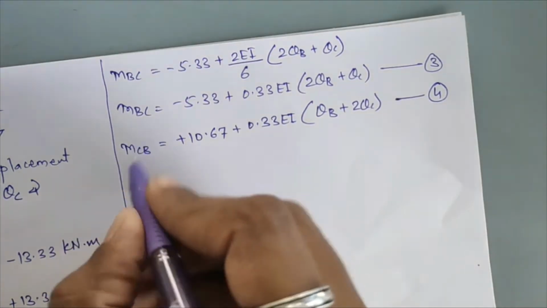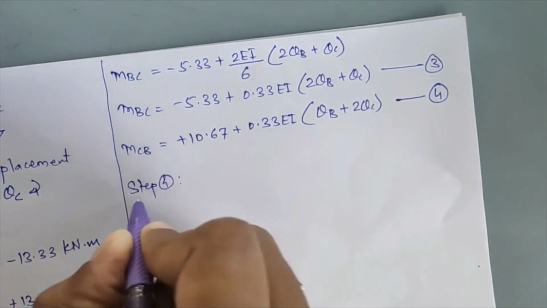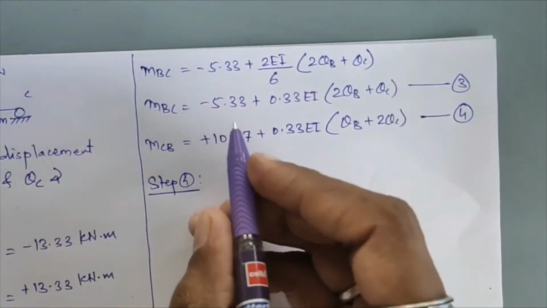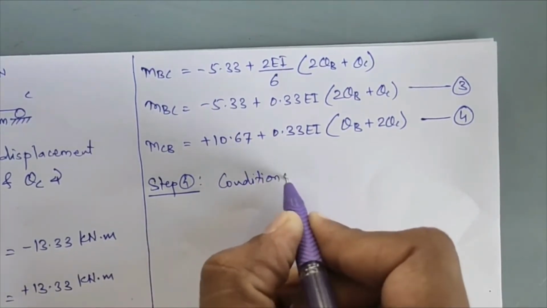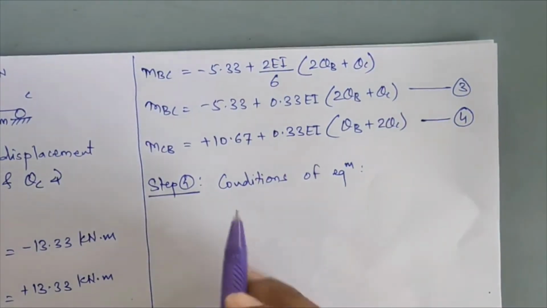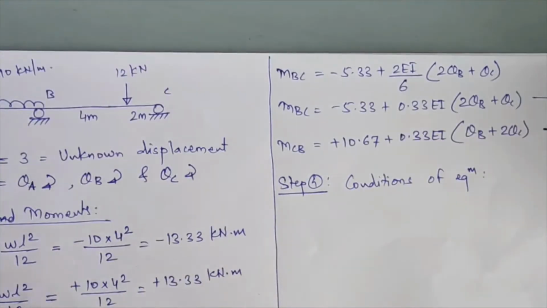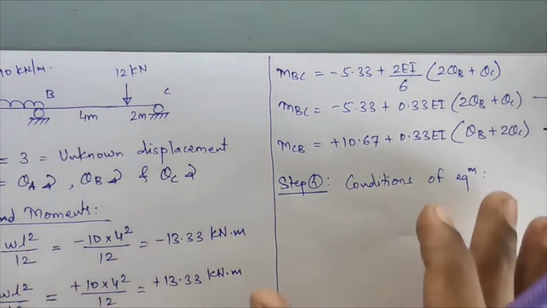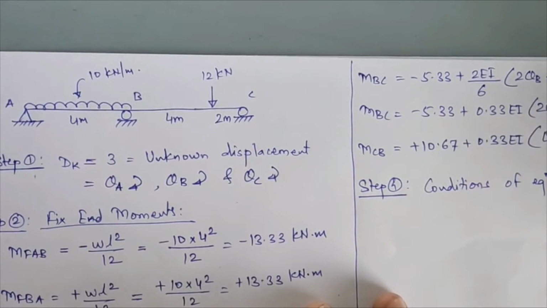Now we'll move to the next step, that is step number 4, conditions of equilibrium. Conditions of equilibrium are what? These are the conditions at which we can say that the moments will be completely equal to 0, or you can analyze those conditions by your eyes also. Okay.